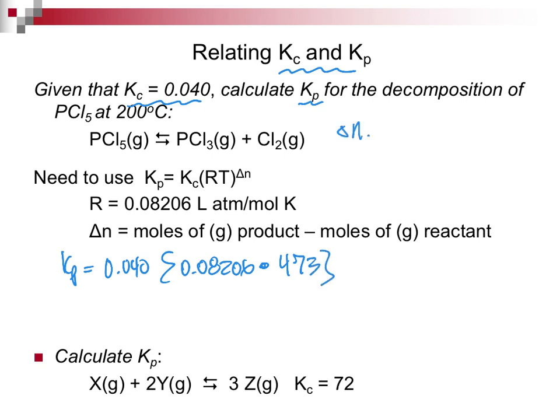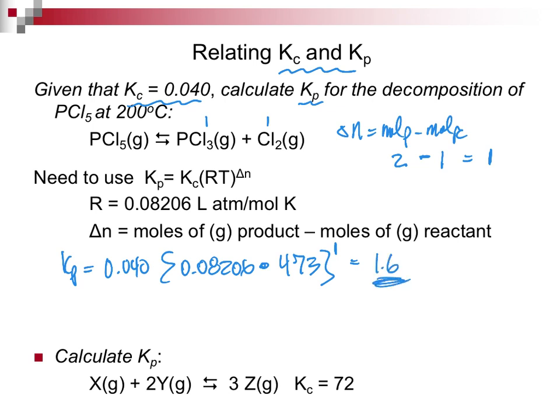And now we need our delta n, which is our moles of product minus our moles of reactant. Products we have 2, 1 plus 1. Reactants we have 1. So this is raised to the first power. Raising this to the first power gives us a Kp of 1.6, all right?